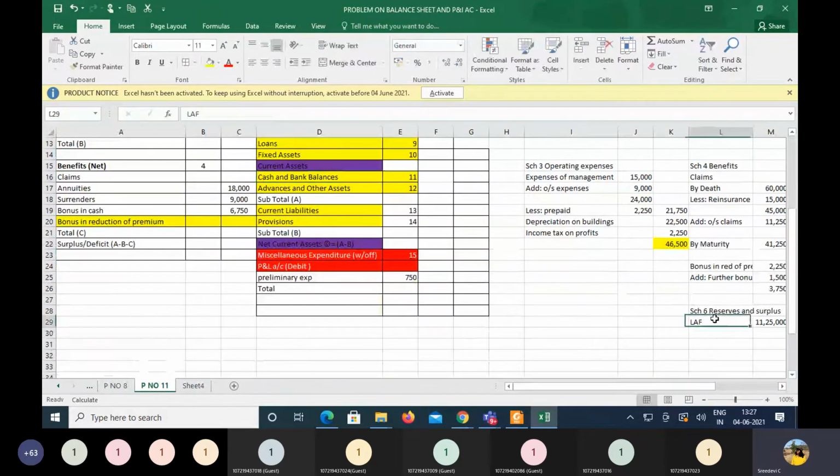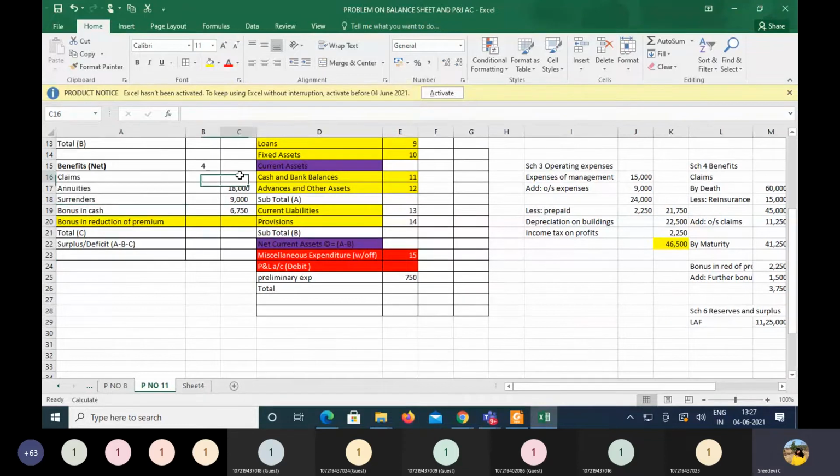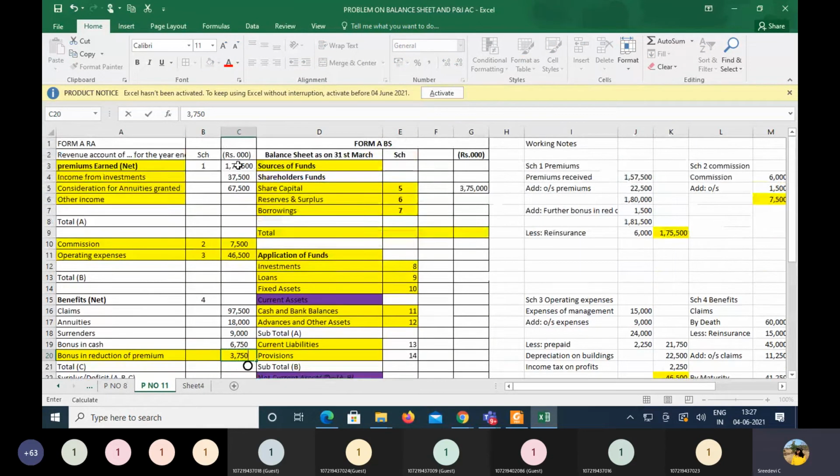Then we have claims to be taken as 97,500. Then we also have bonus reduction of the premium, that is 3,750. Okay, so let's take the total of all the three.